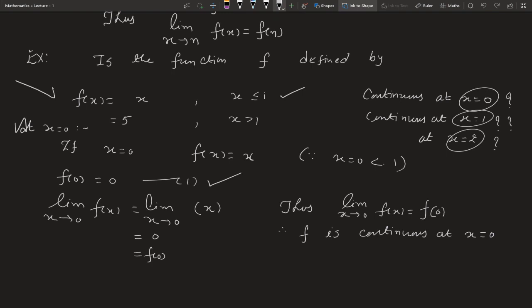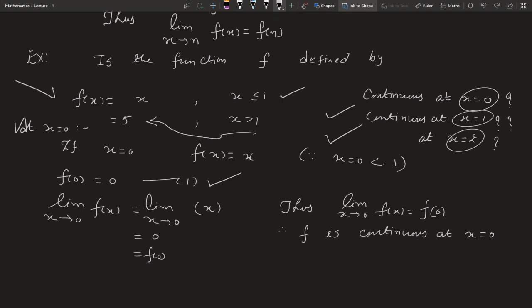Similarly, you can check the continuity at x equal to 1 and at x equal to 2. If x equal to 2, 2 is greater than 1, in that case you have to use this part of the definition, you have to take care.